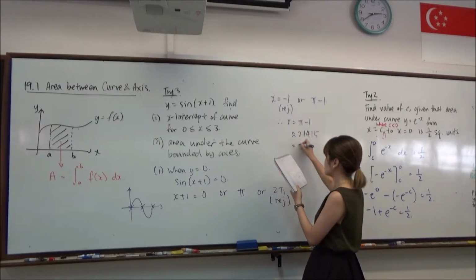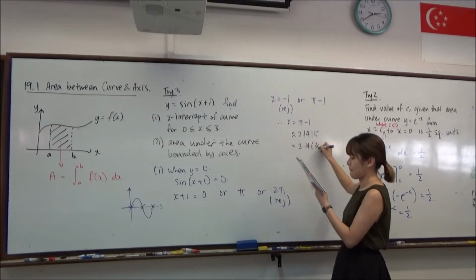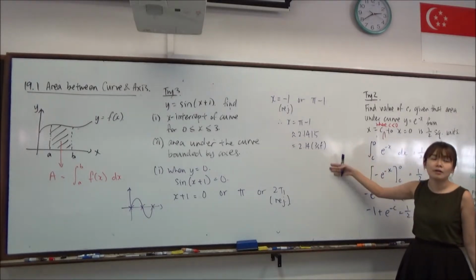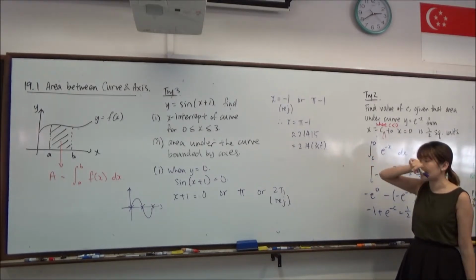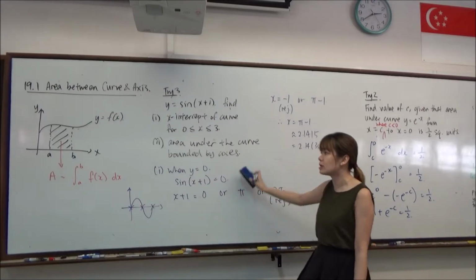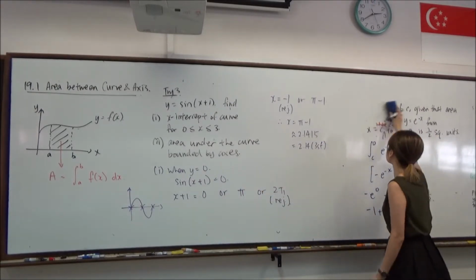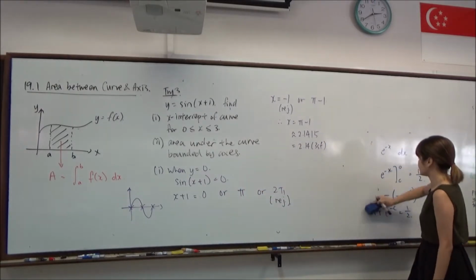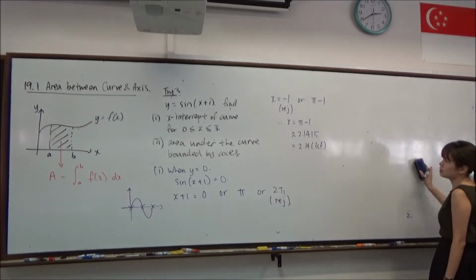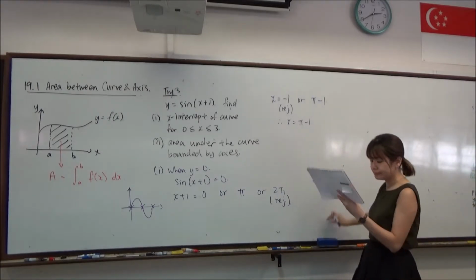You do not have to leave it in decimal, you can leave it exact. Exact will actually be better because we're using it in part 2. So you can leave it at pi minus 1.